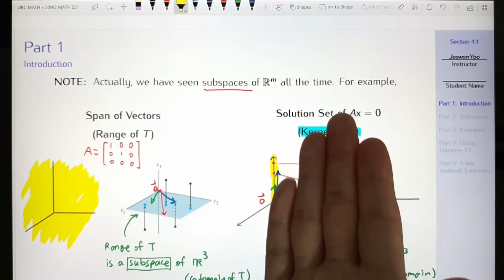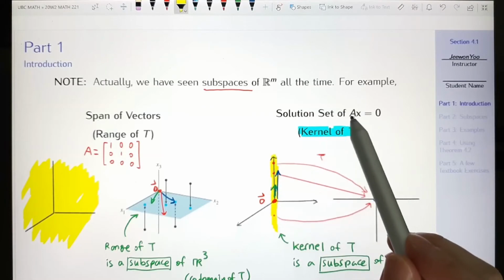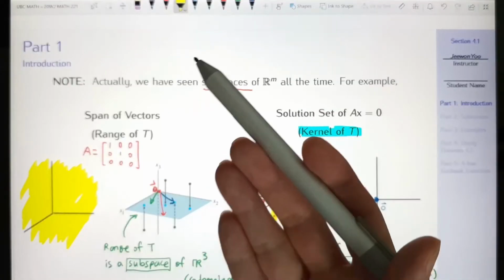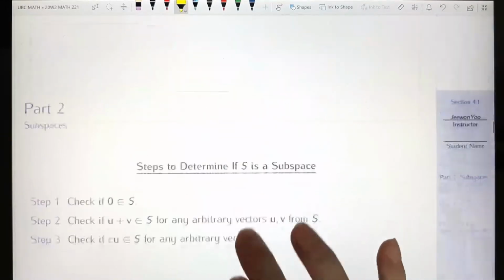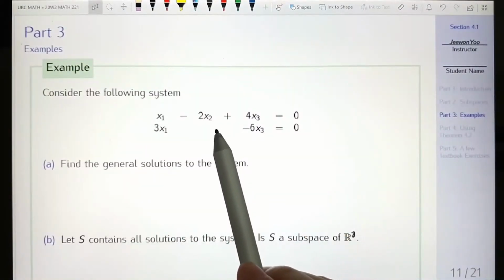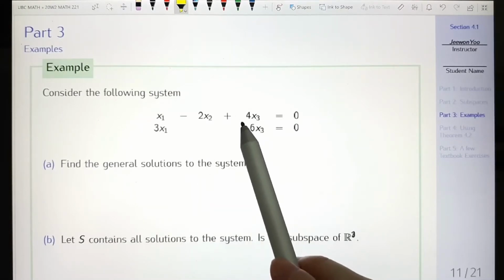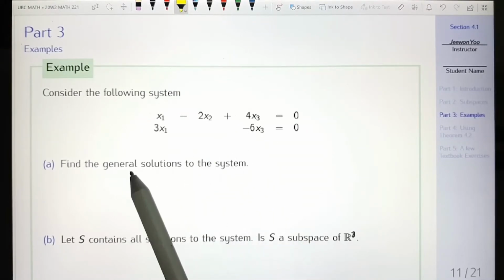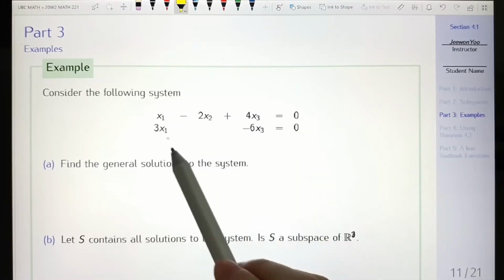I'm going to talk about the subspace involving solutions to this homogeneous equation, because you guys know how to use reduced echelon form. Here's the first example. Suppose we have this kind of linear system. The first question is related to week number 2 stuff. Find the general solutions to this homogeneous equation.